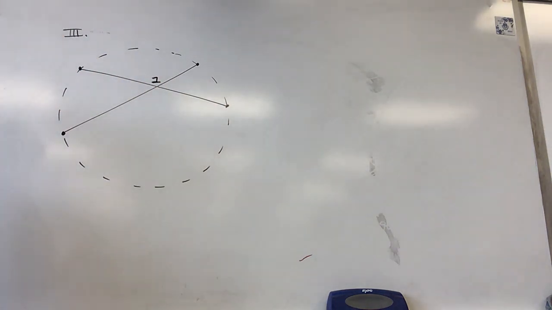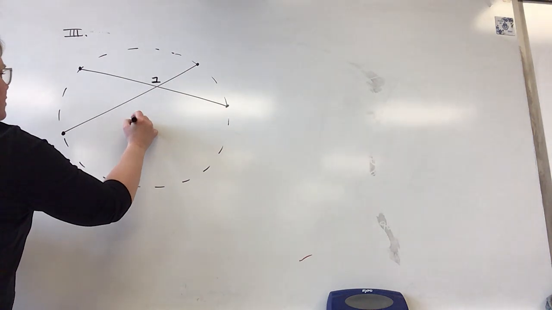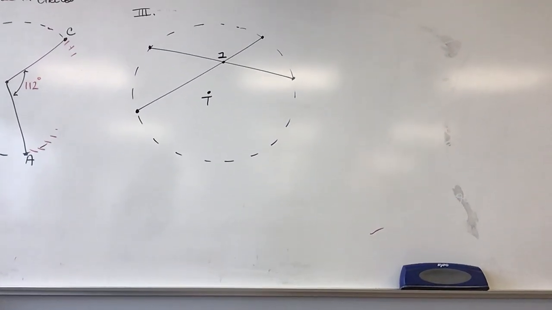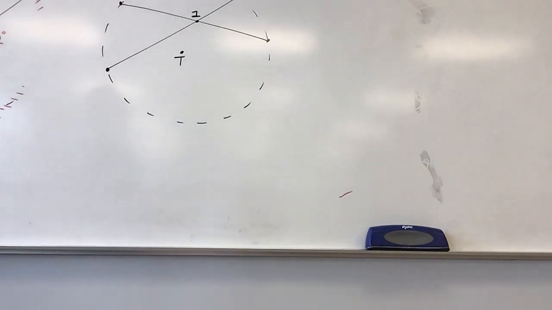Angle 1 or X is right there. Where is the vertex? And I'm going to put center T still back. Where is my vertex? It is not on the center. It is not where? On the circle.